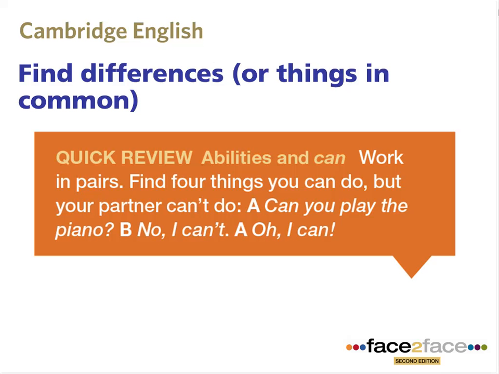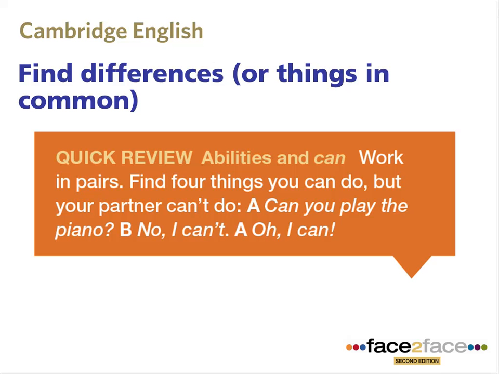Okay, the next one is finding differences or things in common. Here's a very simple example from our starter. This practices vocabulary for abilities, where students work in pairs and find 4 things you can do but your partner can't do.